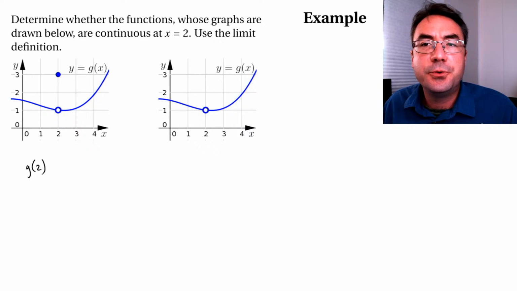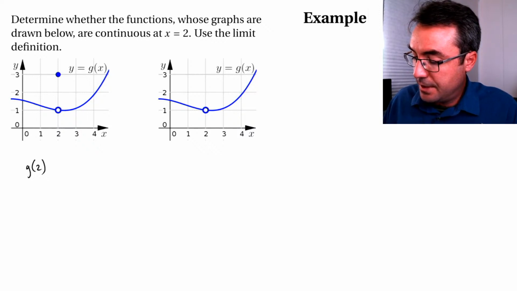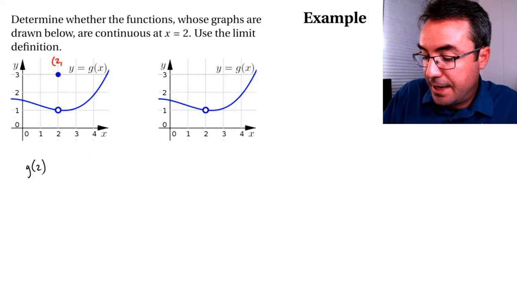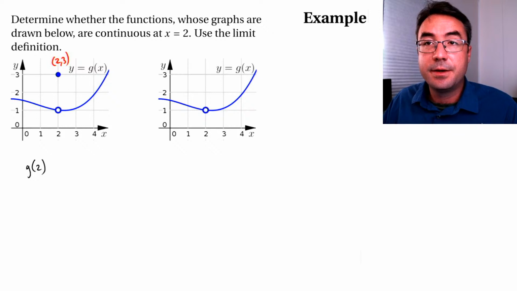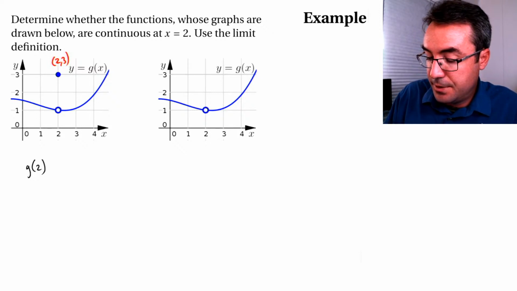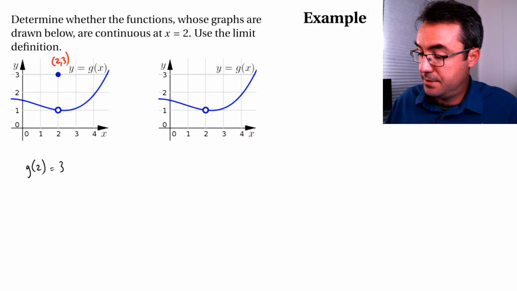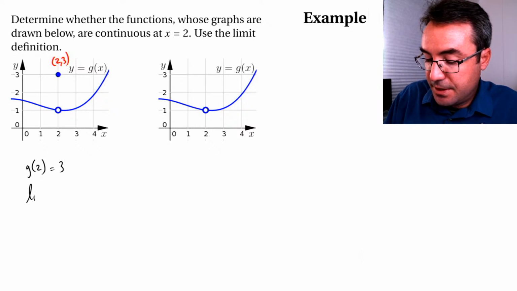So g of 2, we want to plug x equals 2 into this function. And when we do that, we see the filled in dot at (2, 3). So the value of our function at x equals 2 is actually 3. So our function is defined, so that's good. Then we want to consider the limit of our function as x approaches 2.